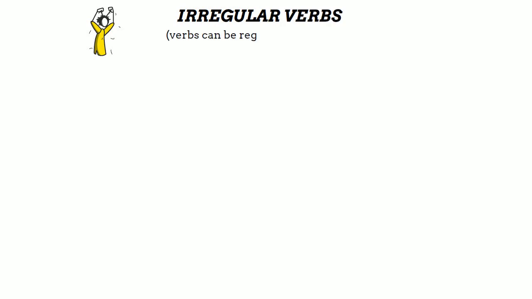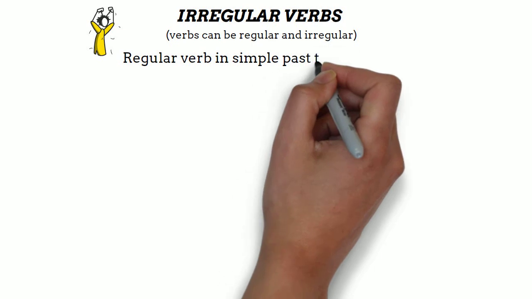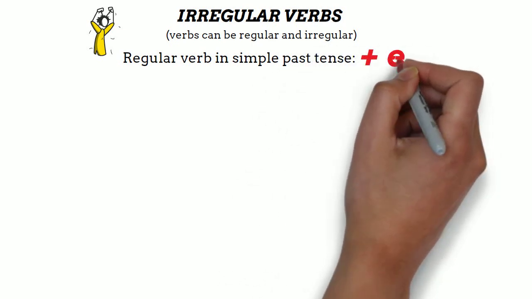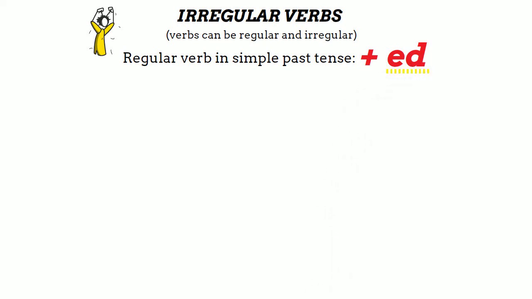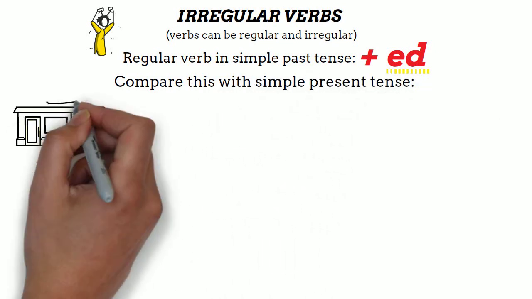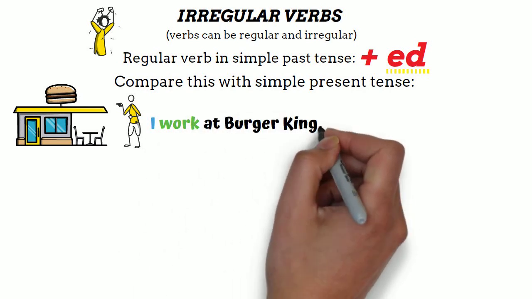So the biggest challenge with simple past tense are irregular verbs. As we know, the verbs can be regular and irregular. If you want to use a regular verb in simple past tense, all you need to do is to add the ed at the end. Let's compare this with simple present tense. I work at Burger King.